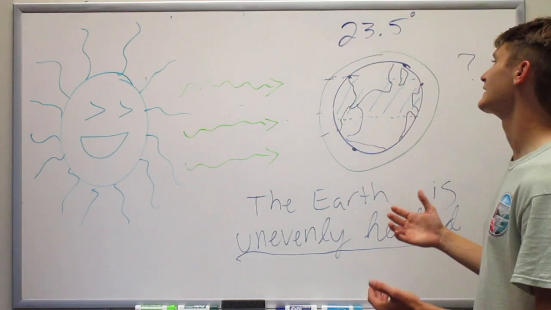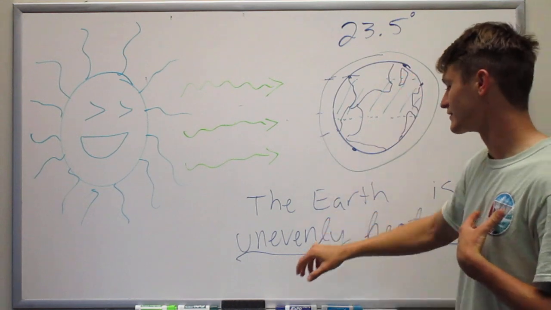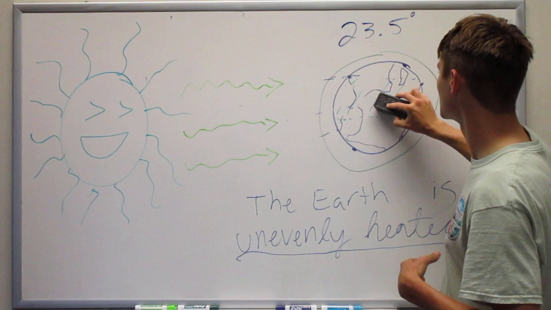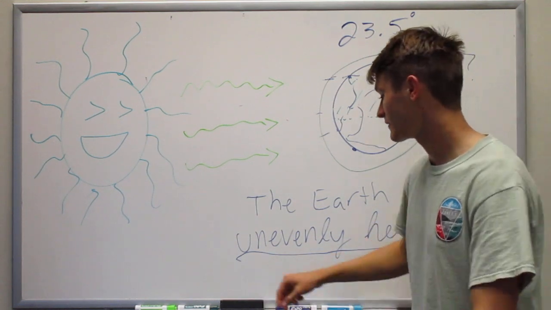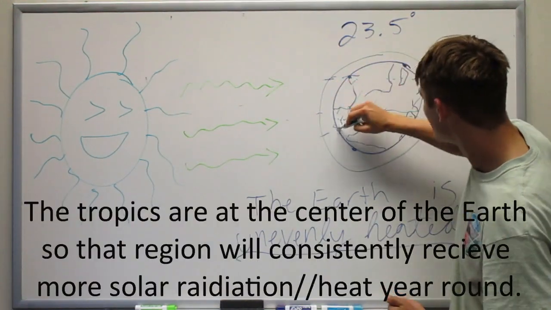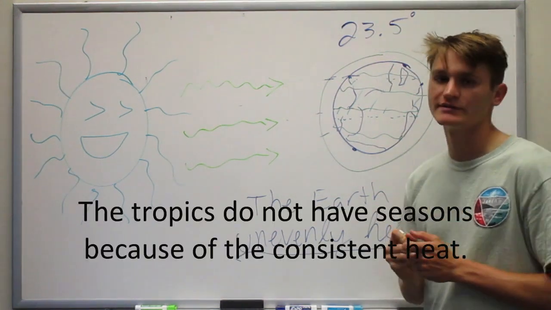I need to correct myself. We have seasons in the temperate zones, which is not a part of the tropics, but because the tropics is hot all year round, it is a part of this zone in here. Tropics. Sorry about that.